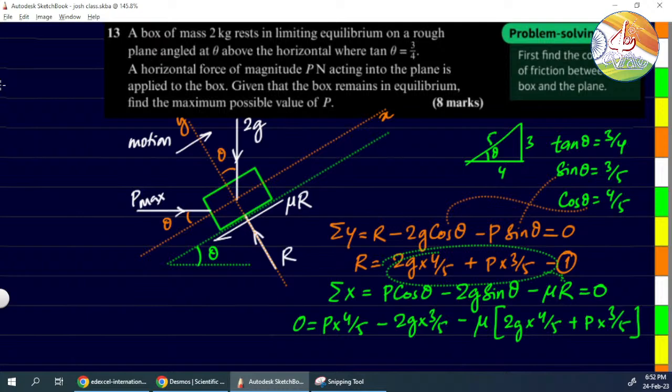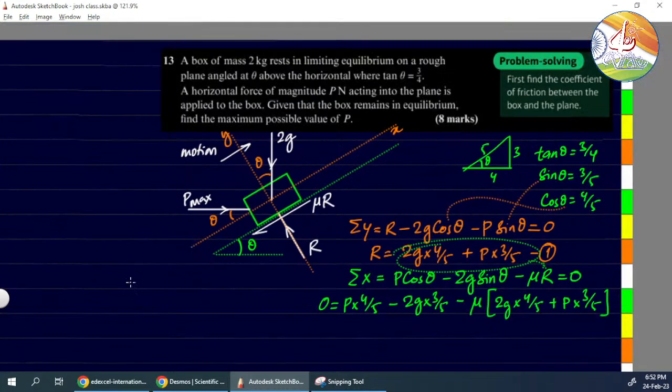We won't be able to find them. 3 unknowns cannot be solved by 2 equations, and we get only 2 equations, x and y. How on earth are we supposed to find them?